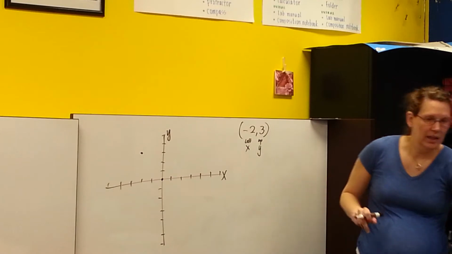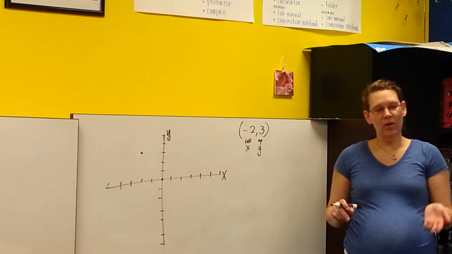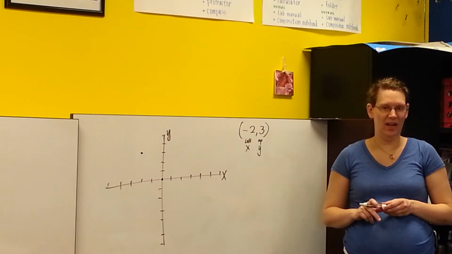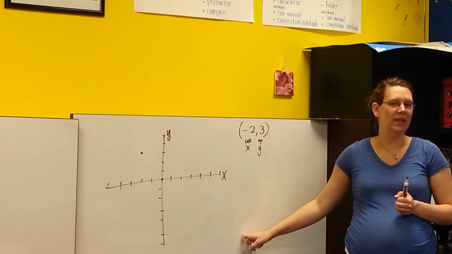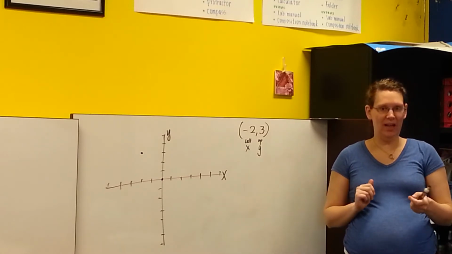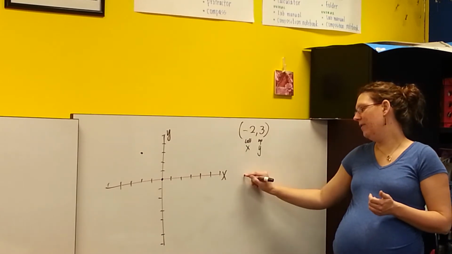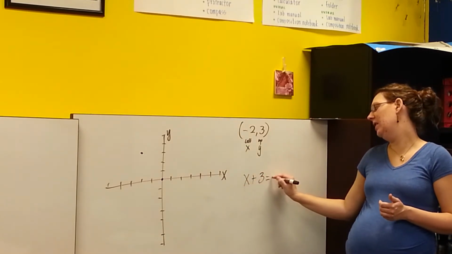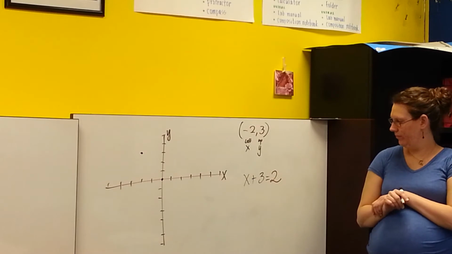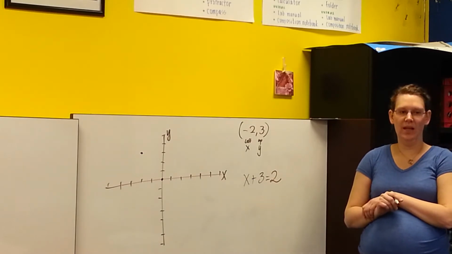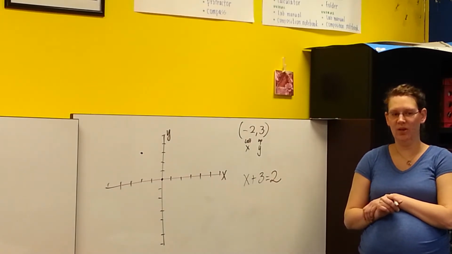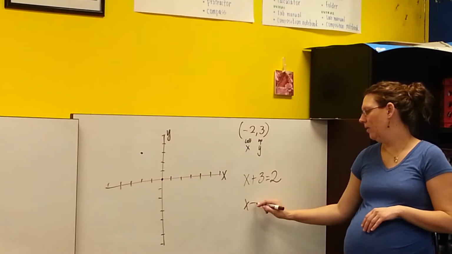Okay? So what you're going to be given now is an equation of a line. I need eyes up here, please. Okay? Equations of lines. So sometimes if you have x plus 3 equals 2, what would the solution to this be? X plus 3 equals 2. What is your x going to equal?